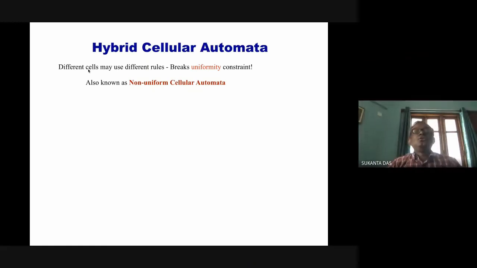Here, different cells may use different rules. In the last case, in asynchronous cellular automata, we have not allowed different rules for different cells. But hybrid cellular automata, popularly known as non-uniform cellular automata, break this uniformity criterion. So different cells here may use different rules.